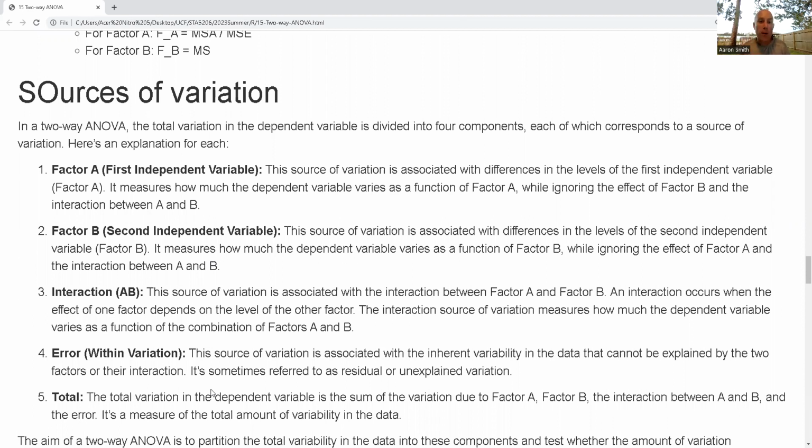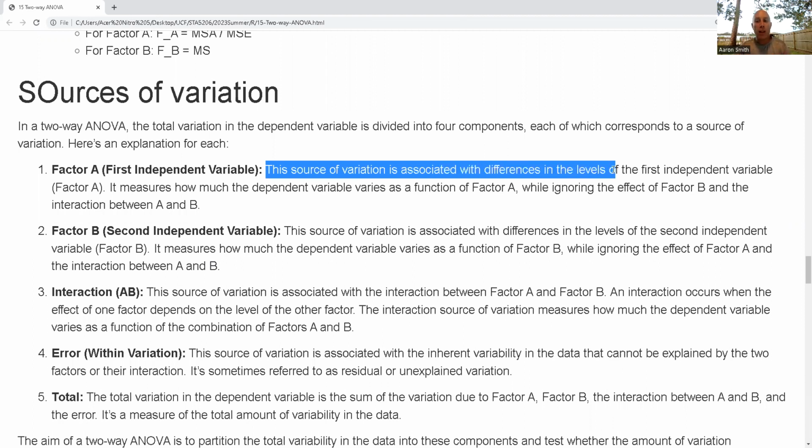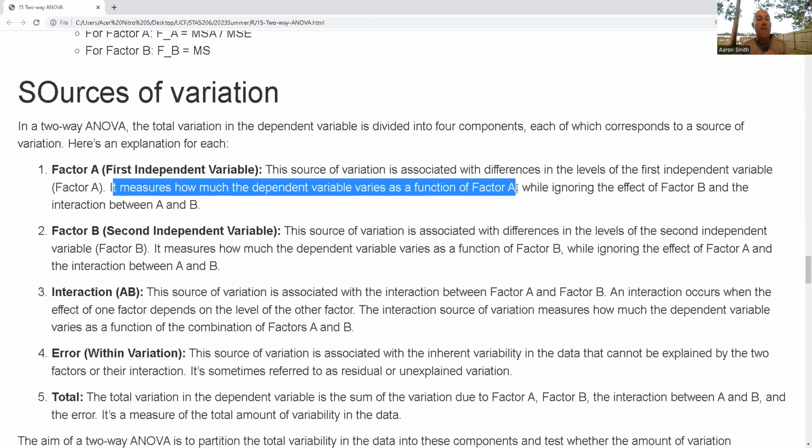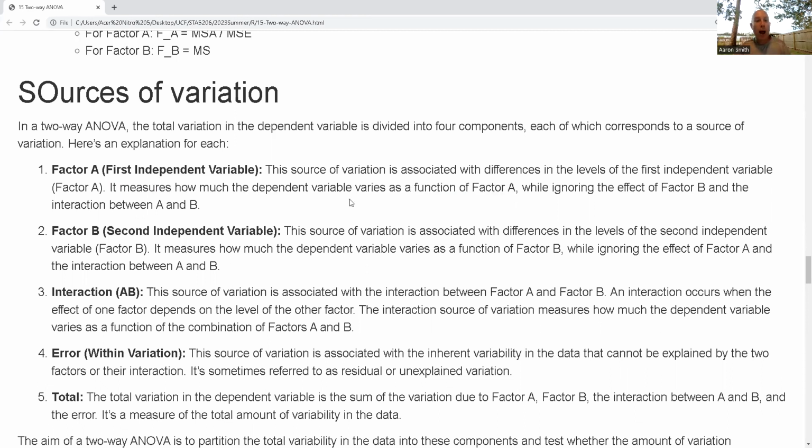Factor 1, the first independent variable. This source of variation is associated with differences in the levels of the first independent variable, factor A. It measures how much the dependent variable varies as a function of factor A, while ignoring the effects of factor B and the interaction.